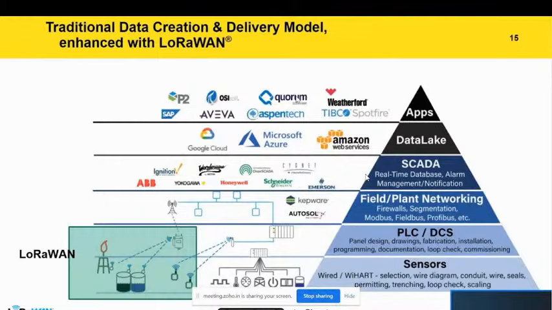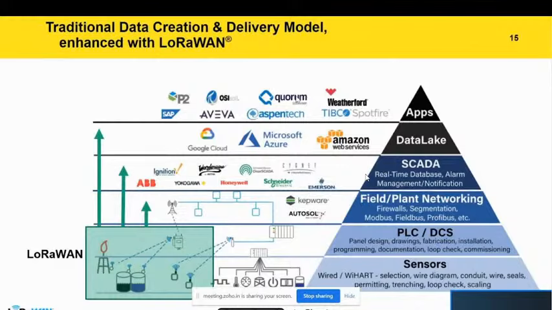The LoRaWAN network can connect straight away to the plant field network. It can connect to the SCADA network also, or LoRaWAN can directly connect to the data lake. Like the LoRaWAN network can directly connect to a cloud service and send data to the cloud. So it can be implemented on all these three layers.